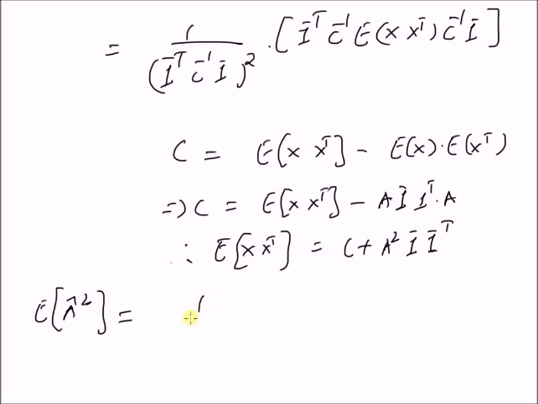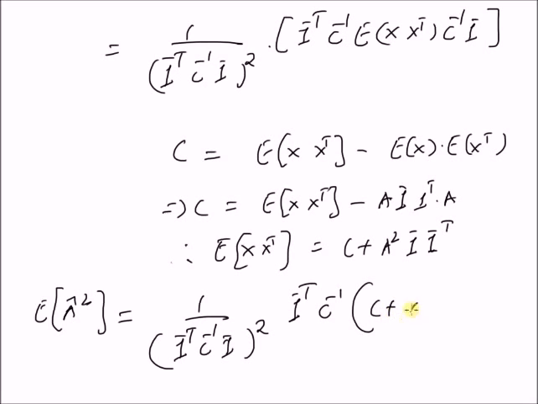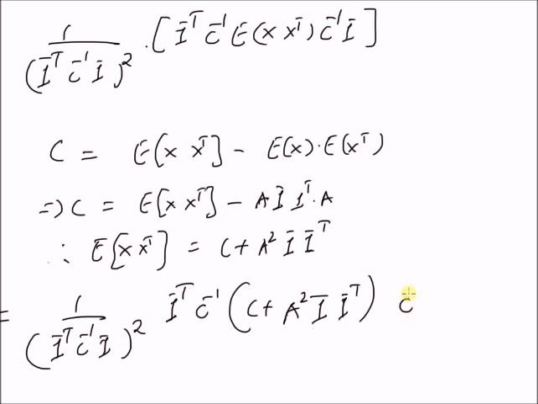is equal to 1 by 1 bar transpose C inverse 1 bar whole squared multiplied by 1 bar transpose C inverse multiplied by C plus A square 1 bar into 1 bar transpose. Of course, multiplied by C inverse into 1 bar.